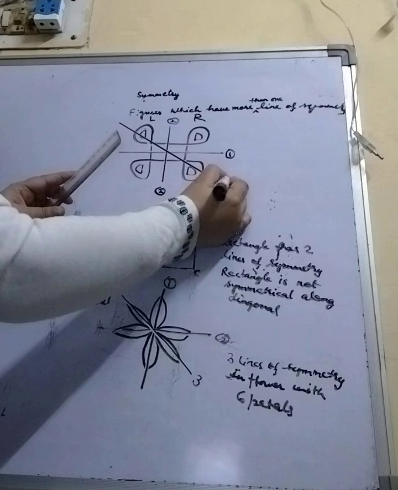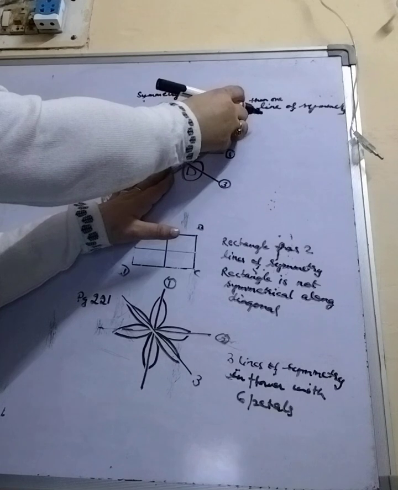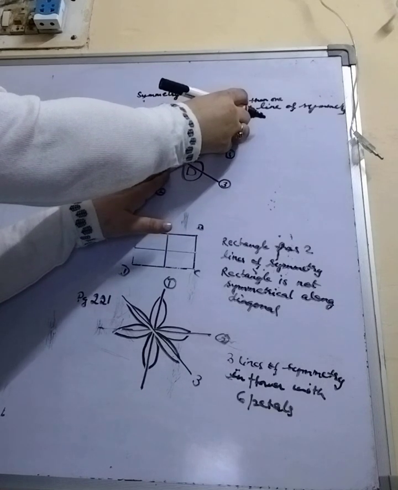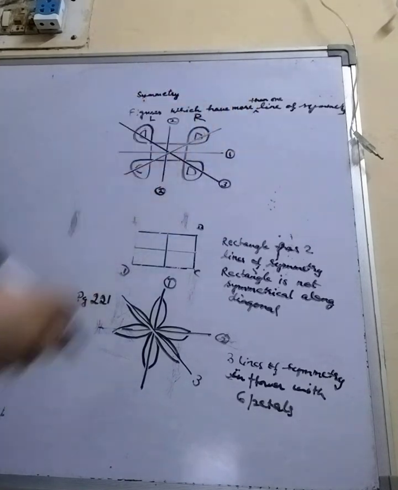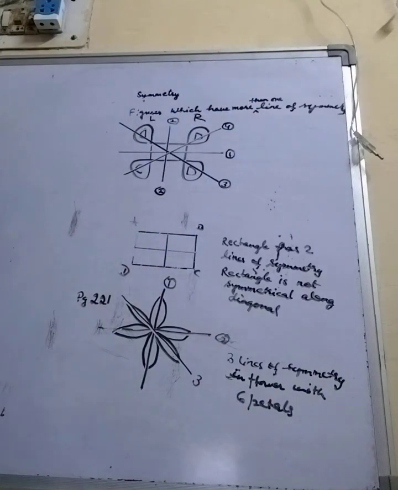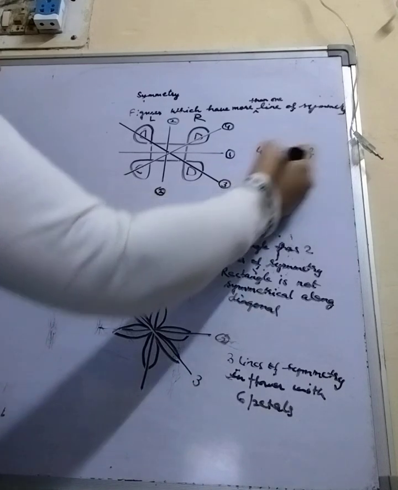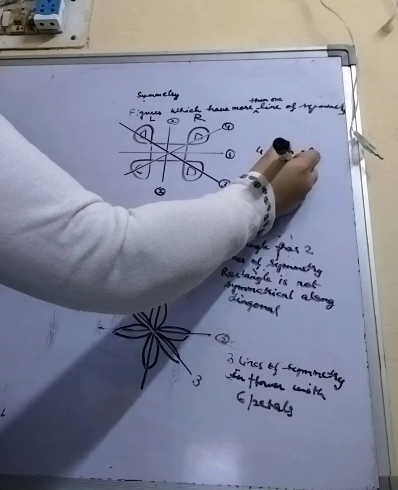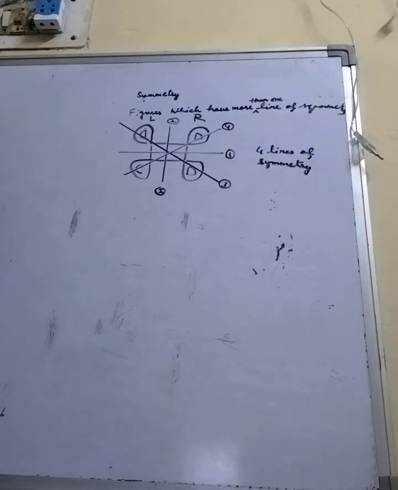So this is my third line of symmetry, and the fourth line of symmetry would be when I join the other two corners. So there are a total of 4 lines of symmetry in this figure. In this way you can find the lines of symmetry.